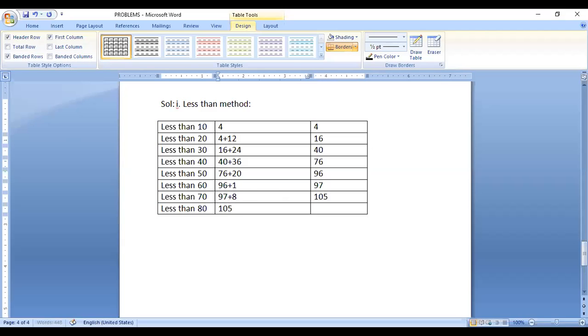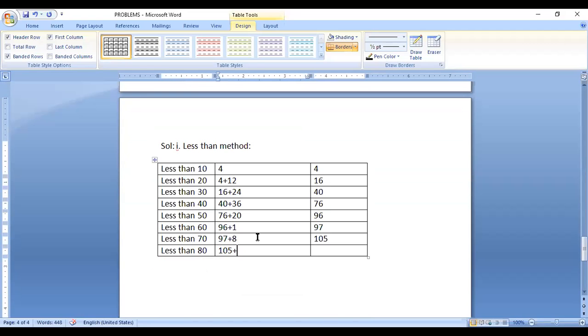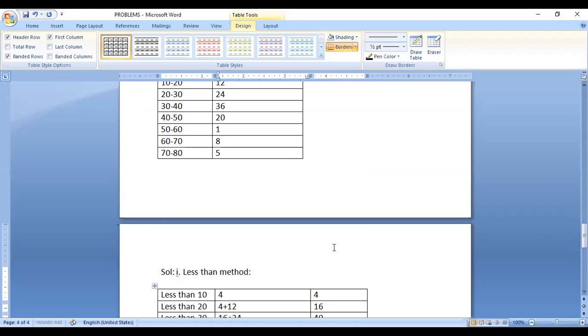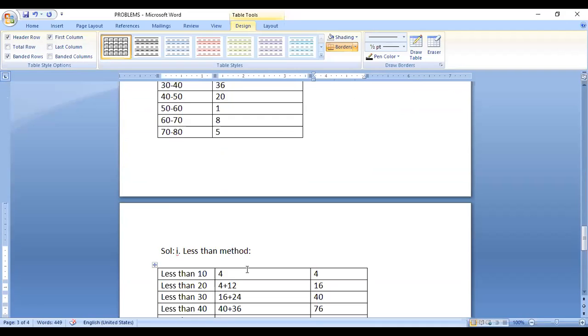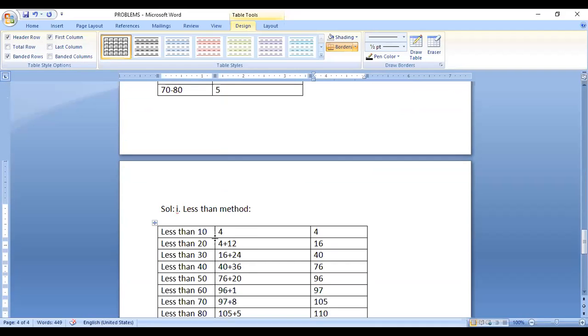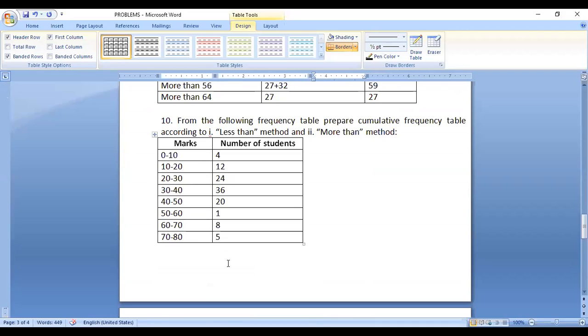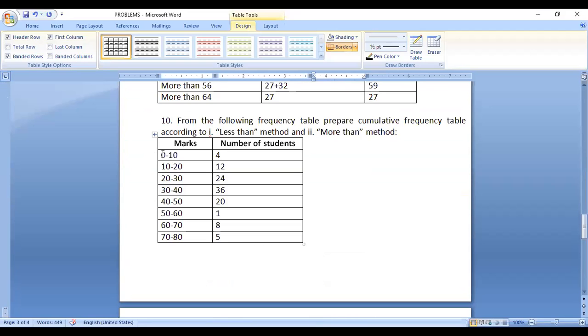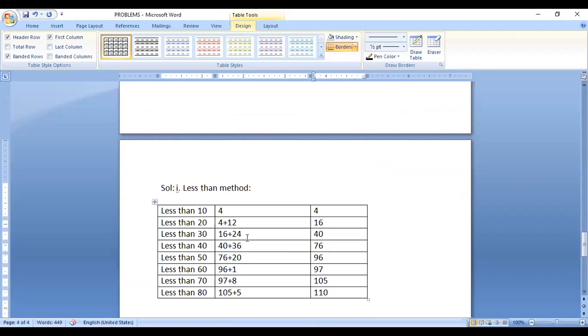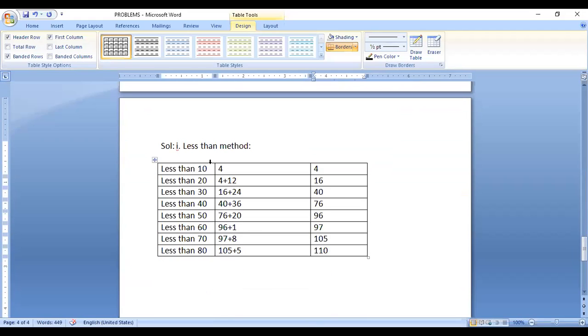Last one, after 8, you have 5. So 105 plus 5 will give us 110. So in this method, we will arrange like this. Less than method, from lowest class to highest class, we will go on adding frequencies. Okay, this is the less than method.